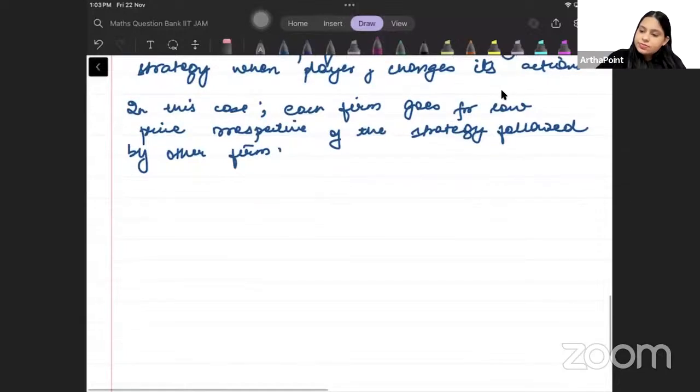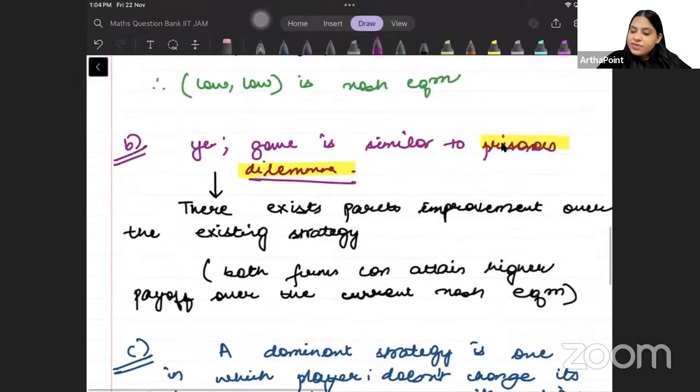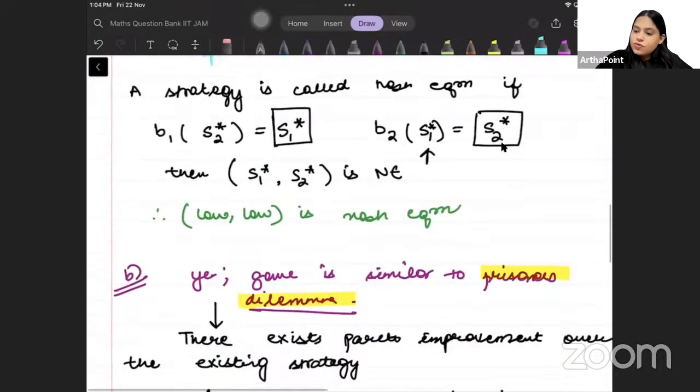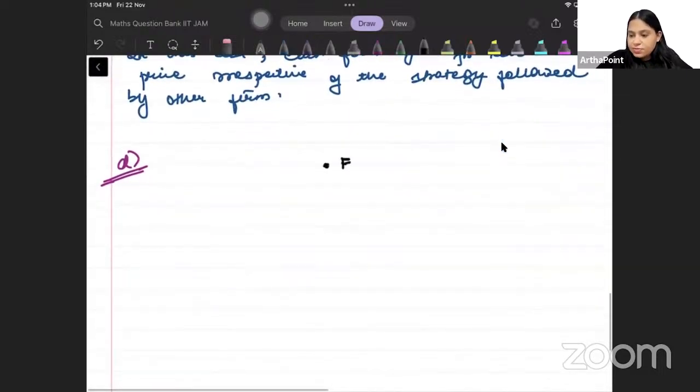Part number D. We need to present this game as a sequential game, and we are already given who the first mover is. Firm 1 is the first mover. So first of all, here I have firm 1.